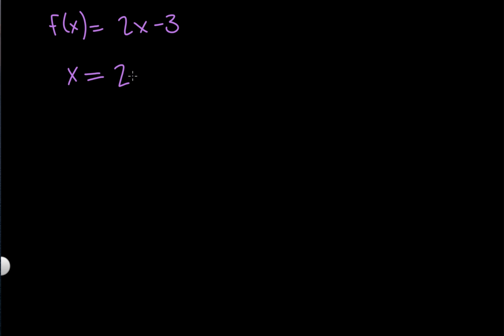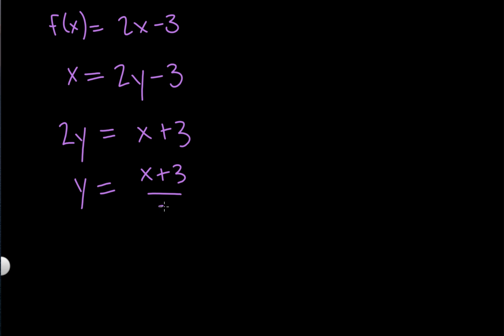So x is equal to 2y minus 3, and I'm going to get my y by itself. So we get 2y equals x plus 3, or y is equal to x plus 3 over 2. Now it's a linear function, so we can turn this into 1/2 x plus 3 over 2, just as it's easier for us to see.